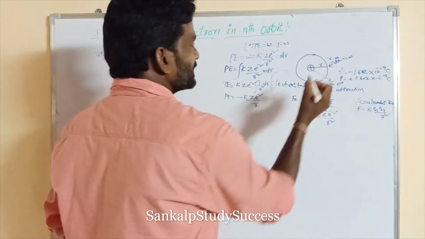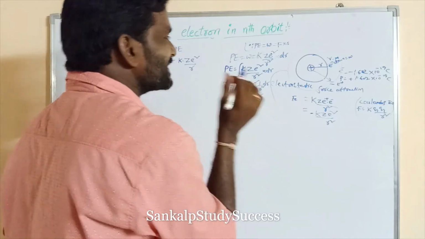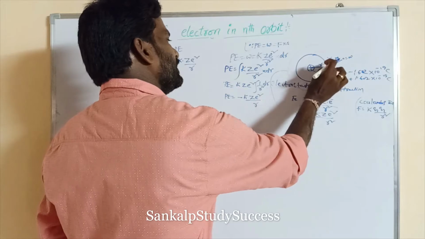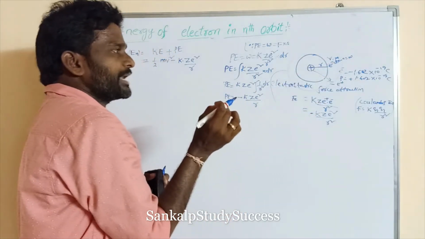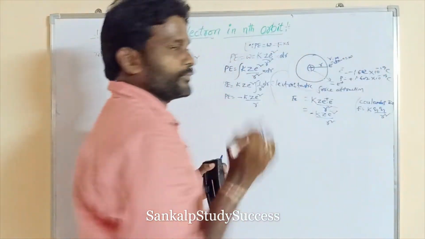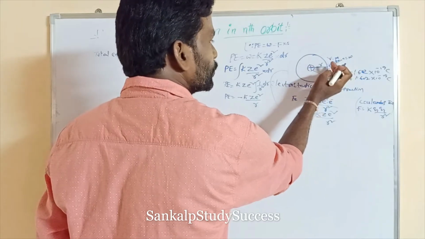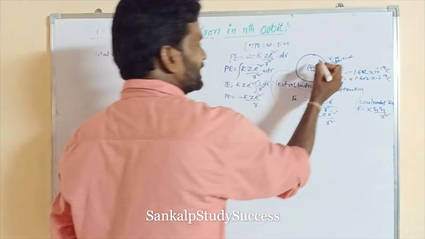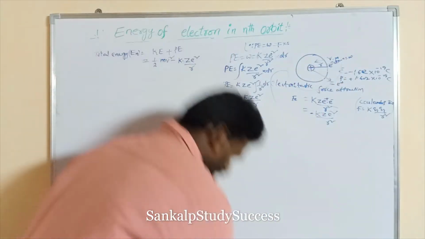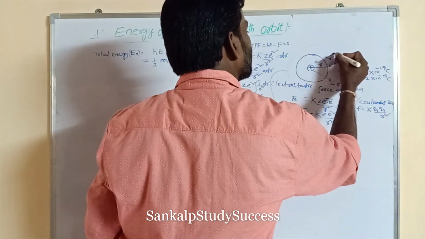Now we know that the electron can revolve around the nucleus in stationary orbits. Here the electron is having two types of forces: one is centripetal force, another one is centrifugal force. Centripetal force is the force acting towards the nucleus, and centrifugal force is the force acting away from the nucleus.